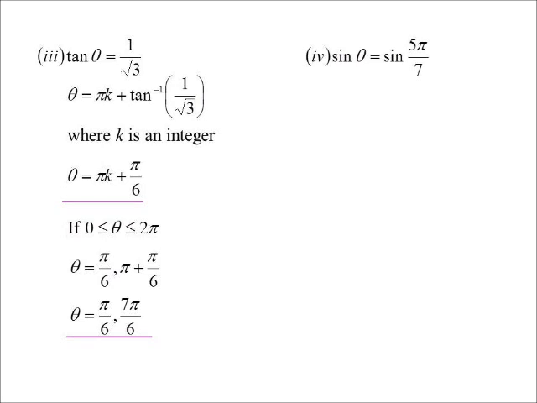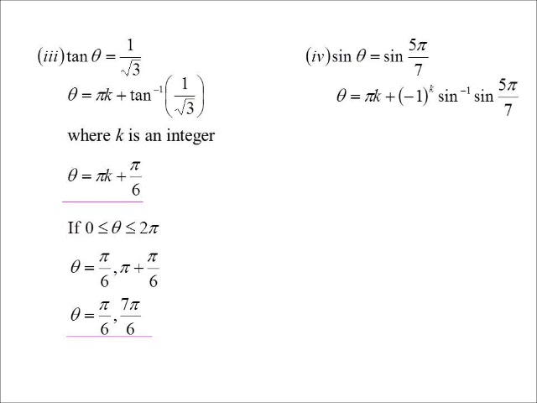Sine theta is equal to the sine of 5 pi on 7. Every possible solution. Okay. Still do it exactly the same way. So theta will be pi k plus minus 1 to the power of k, the inverse sine of the sine of 5 pi on 7. All right, 5 pi on 7, which quadrant is that in?